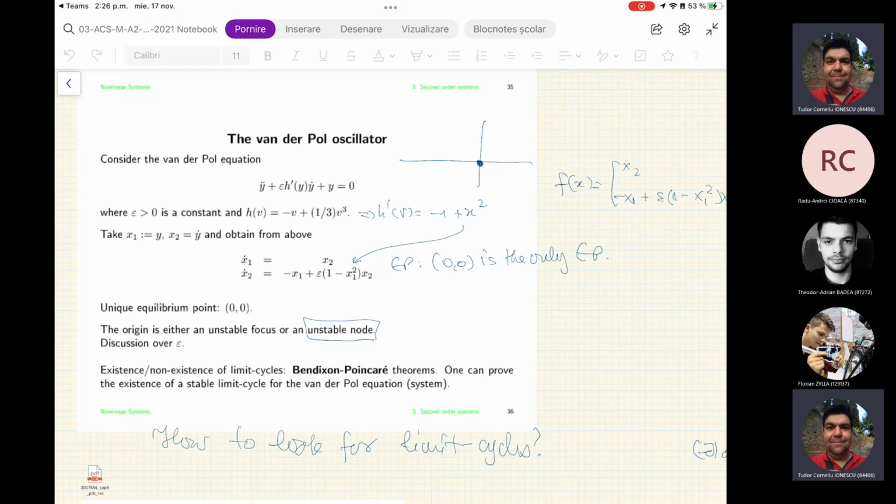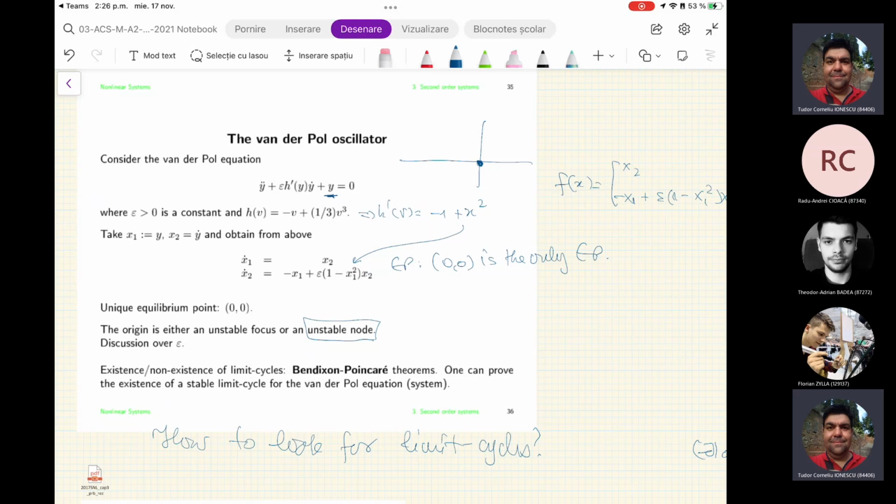Why am I saying that? Because, for instance, the pendulum equation contains in the elastic force equation a sinus. This one does not contain any sinus whatsoever, but this is oscillating, whereas the pendulum doesn't oscillate constantly.